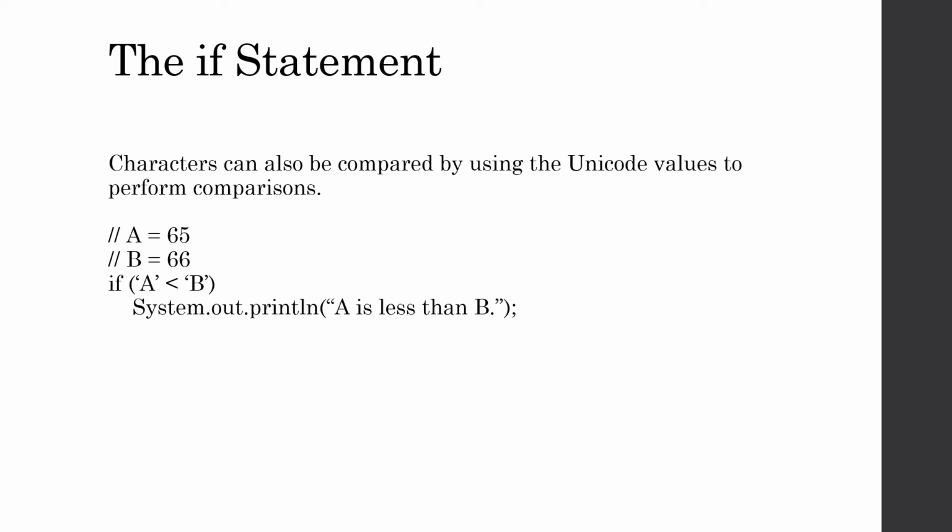In this example, capital A has the value 65, capital B has the value 66. So if you do this comparison, you're essentially saying if 65 is less than 66, so if capital A is less than capital B, then we'll print out this statement, A is less than B.